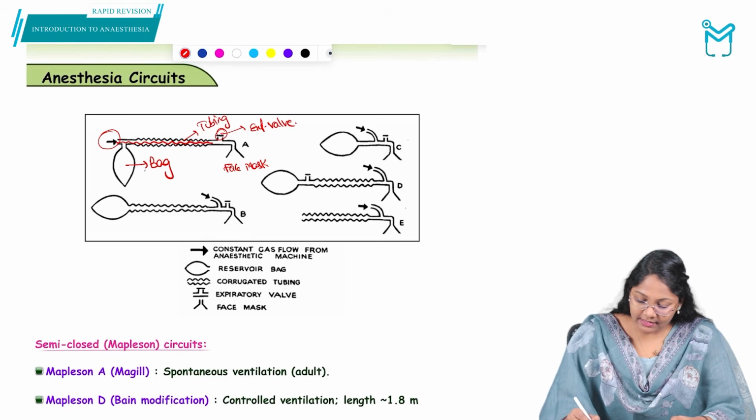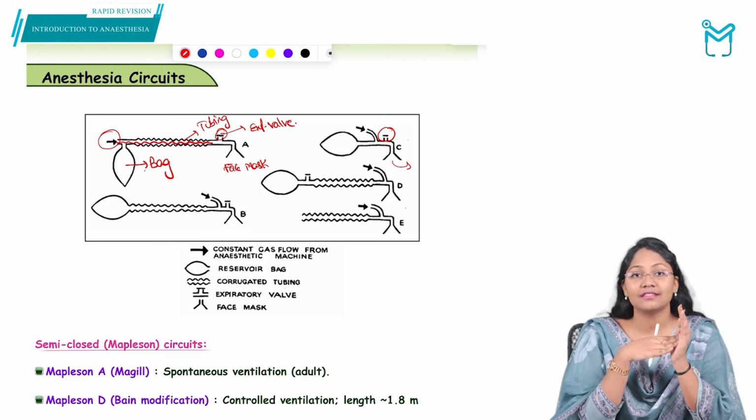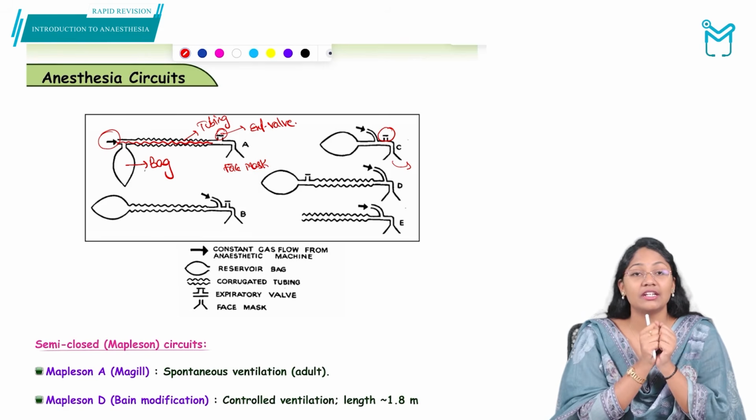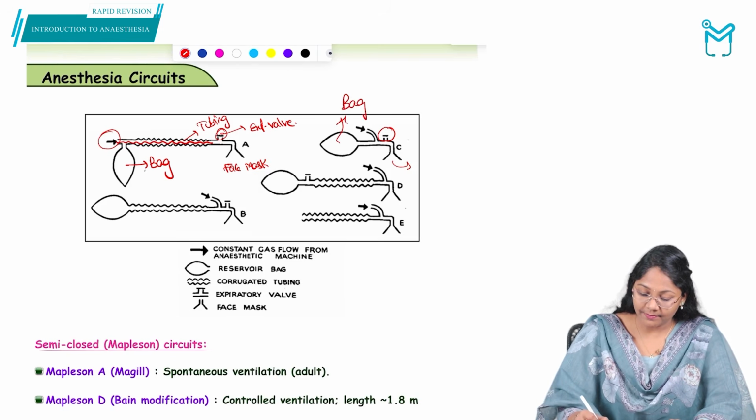So these are the things I want you to know before I enter into the topic. This is the anesthetic circuit where the patient lies down, where the expiratory valve is present, where we give the fresh gas flow, as well as we have the alternative of the bag which we can see here.